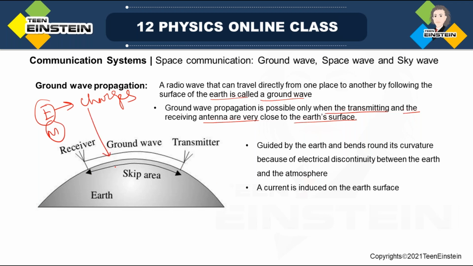As the wave travels, those charges also travel, and that's how a current called surface current is induced over the earth surface. This surface current will experience some hindrance or resistance due to absorption by the earth, and in some cases there will be diffraction.